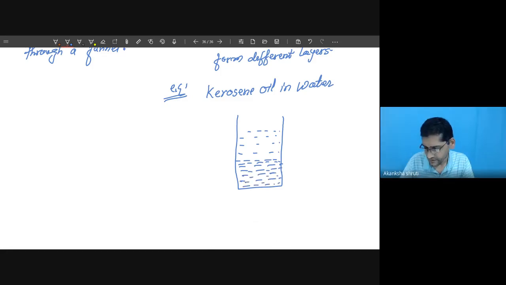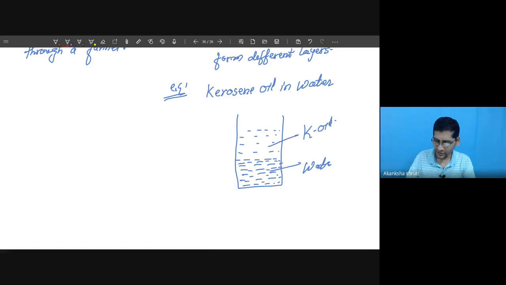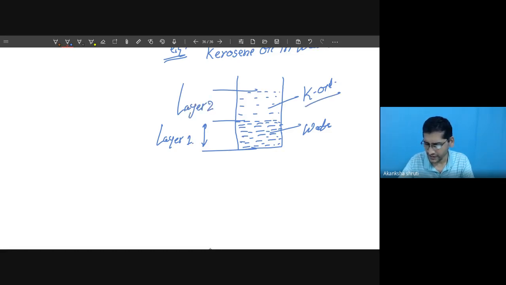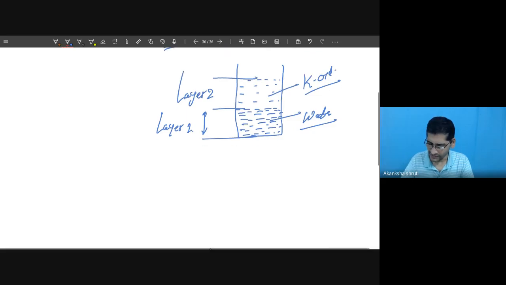So this is the water and this is the kerosene oil. So how to separate this? You are getting that there are two layers. This is layer 1, this is layer 2. This layer is of the kerosene oil. This layer is of the water.